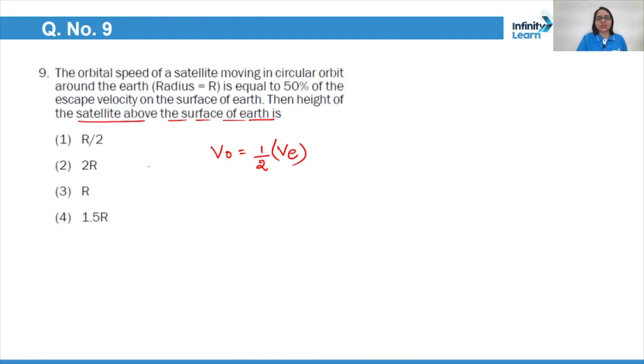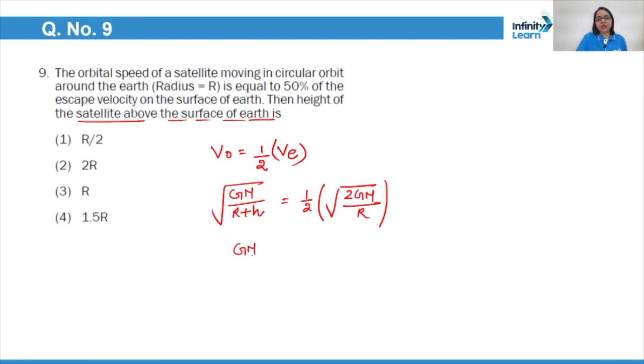So orbital velocity at a height h is given by under root GM upon (R plus h), where R is the radius and M is the mass of the earth. 1 by 2 times escape velocity on the surface of the earth is given by under root 2GM upon R. So let's square this relation.